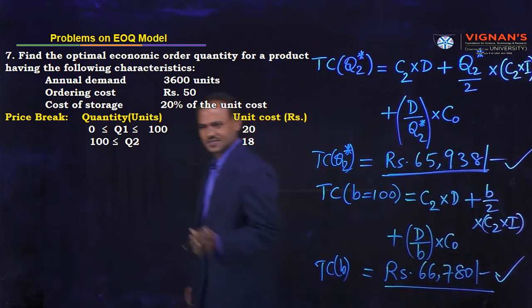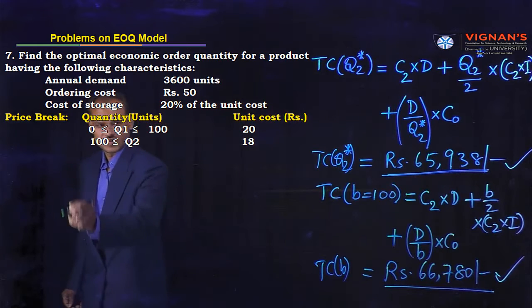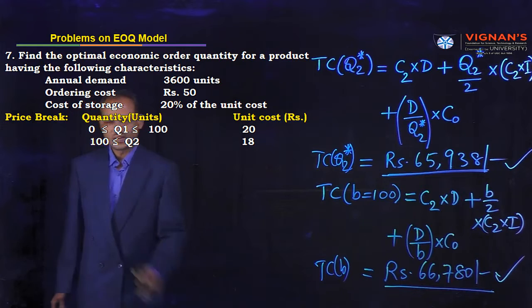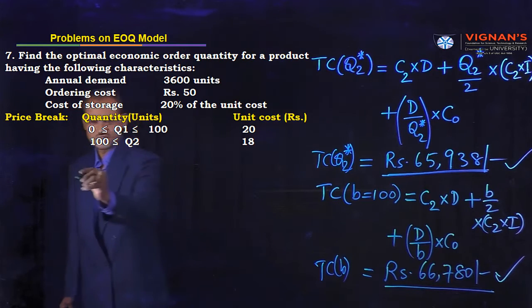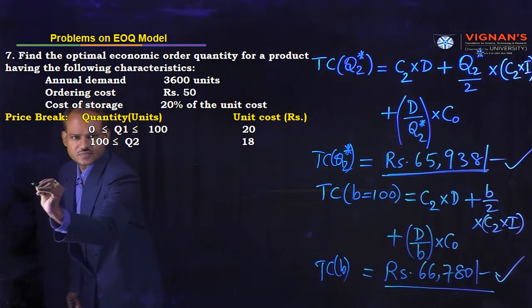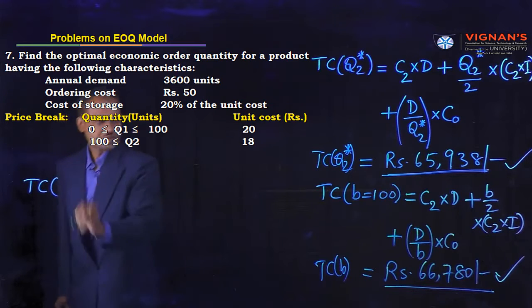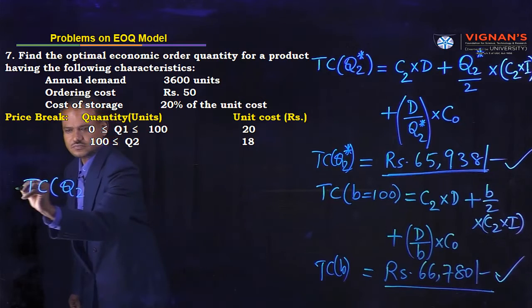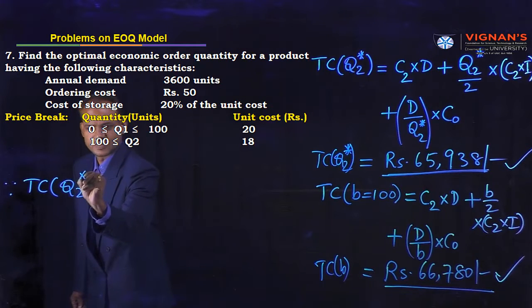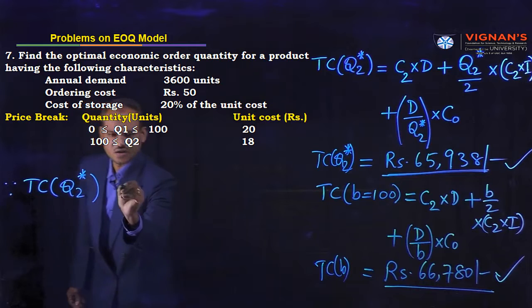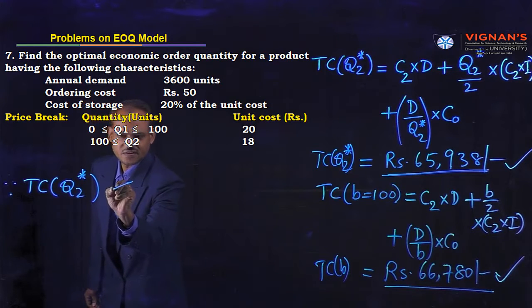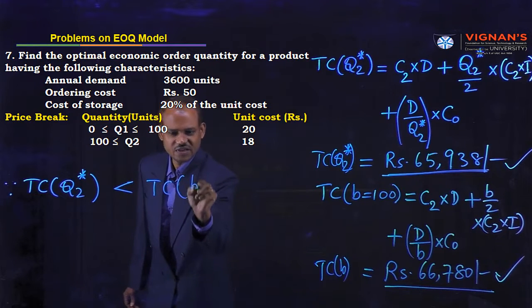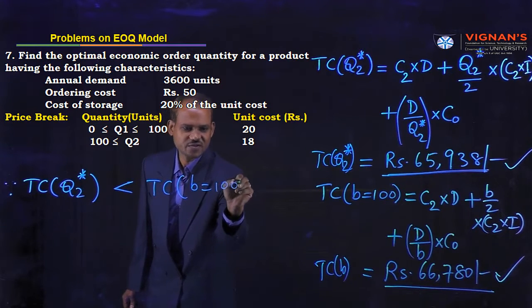Now we are going to conclude this problem. Since TC at Q2 star is less than TC at B, that means break quantity 100 units.